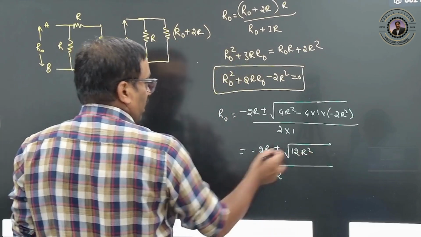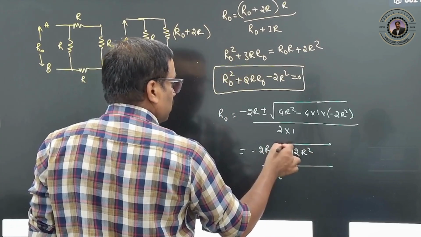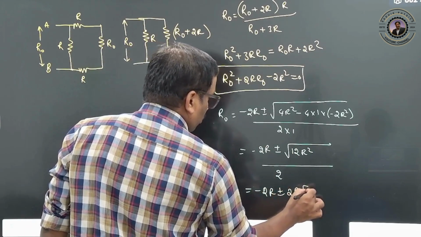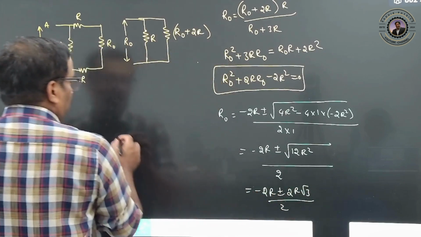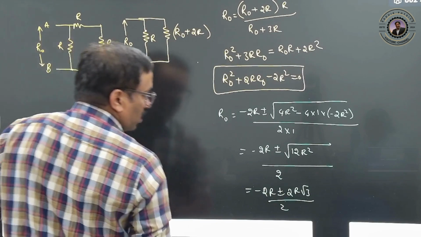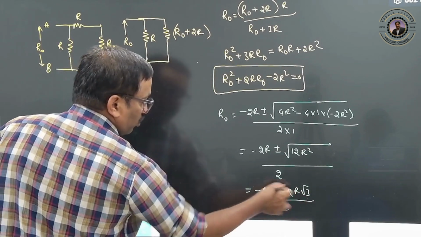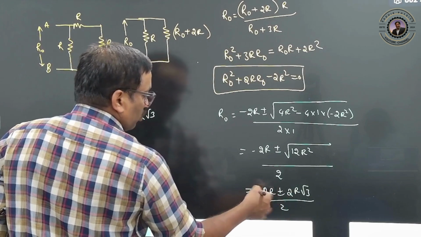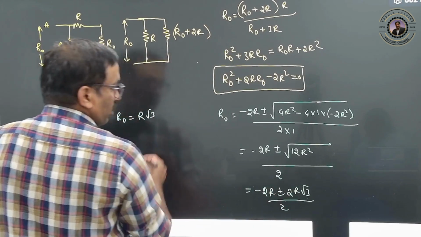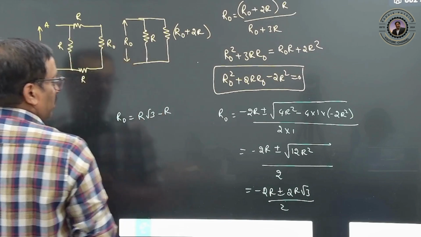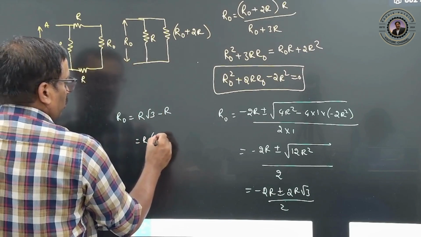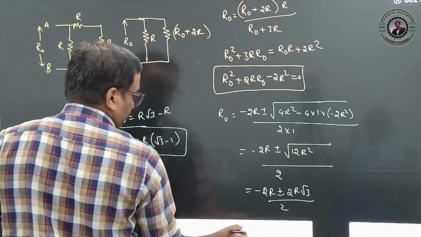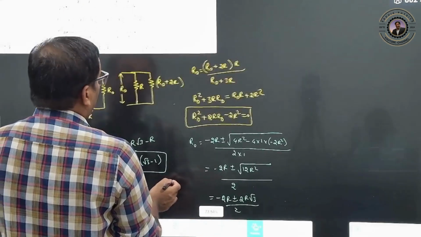Therefore 4R square means 2R can be taken out, so minus 2R plus or minus 2R into root 3, by 2. Here R naught should be positive, so take the positive value. The 2 cancels, R root 3, the 2 also cancels, therefore minus R. Clear? So R into root 3 minus 1 will be the R naught value. Clear?